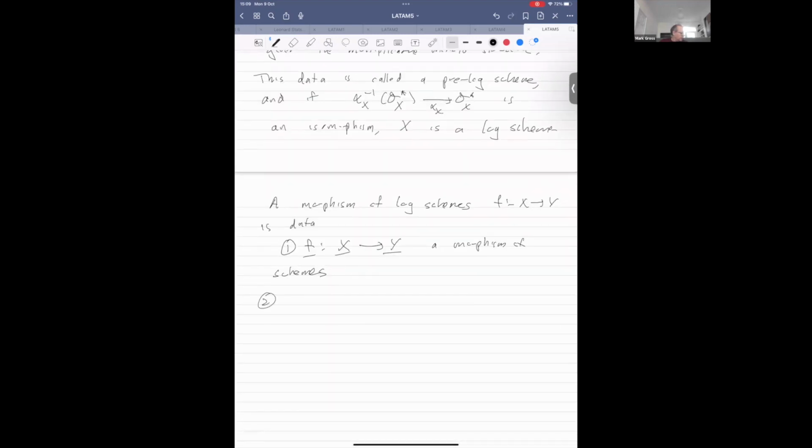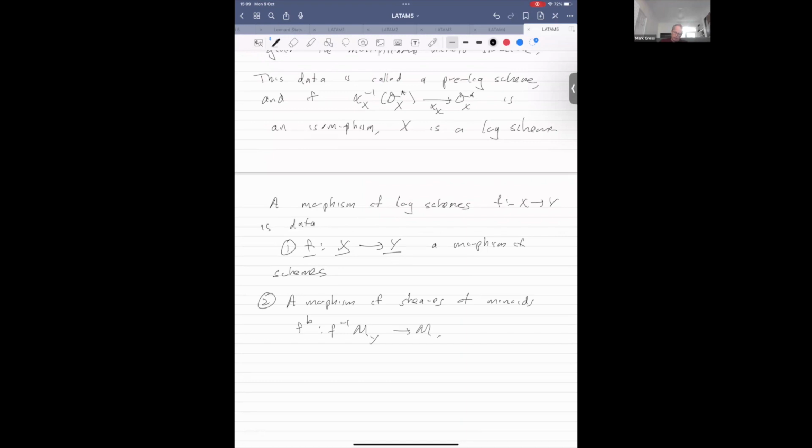And secondly, we have a morphism of sheaves of monoids, f flat, from f inverse M_Y to M_X.